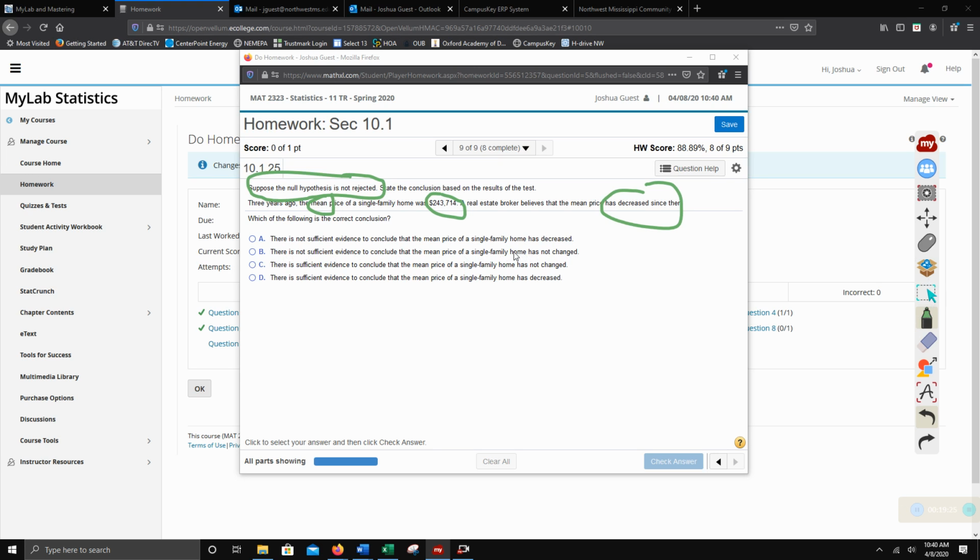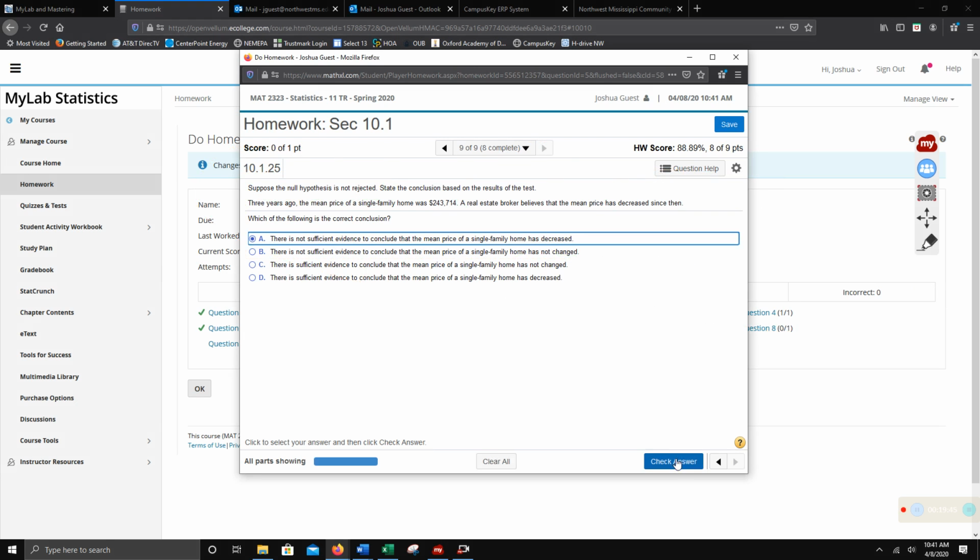When I look at B, it says has not changed. That's telling me that I'm finding evidence about the null. This is telling me I'm finding evidence about the H1. So A is the one I want to choose and hope that it's going to be right here. Because this one, as you can tell as we talk through it, you've got to think pretty hard about it.